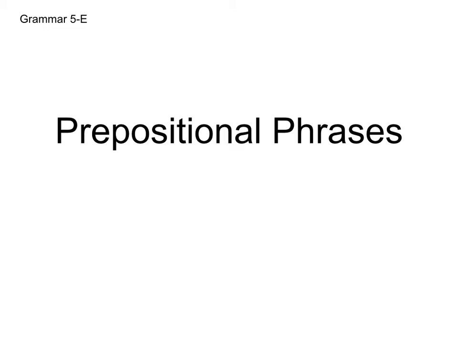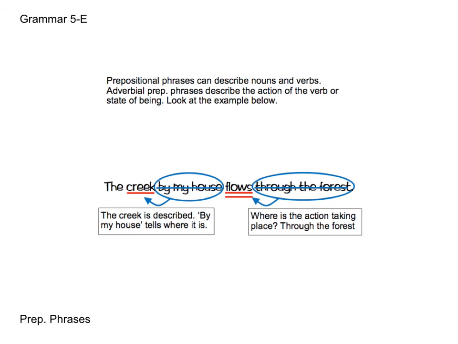Now, another thing you've learned about that was first started actually back in Grammar 3 is prepositional phrases. We learned a little bit more about how prepositional phrases can be used. I'm mainly just going to go over how you can use prepositional phrases to describe nouns and verbs, but we've also learned that prepositional phrases can give you information about any sort of verb action or linking. So let's look at this example really quickly.